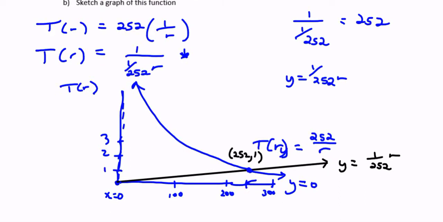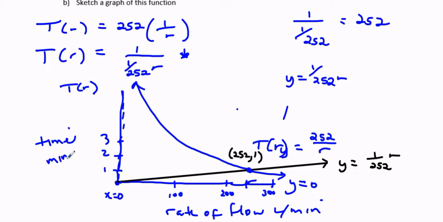We should also, because this is a real life word problem, label the axes. So this was the rate of flow in liters per minute, and on the left here was the time in minutes. Okay, so let's move on.